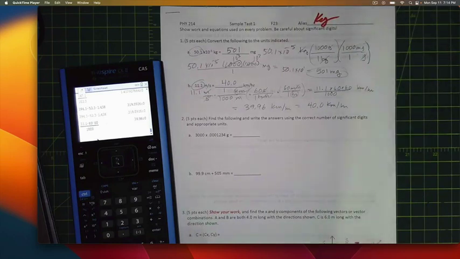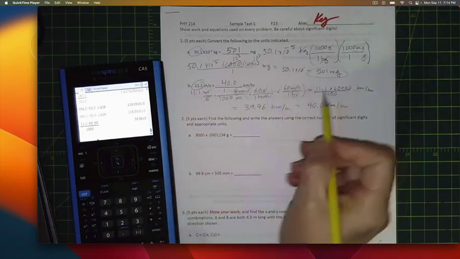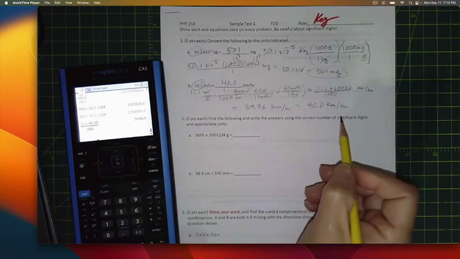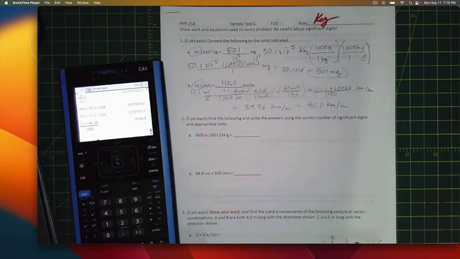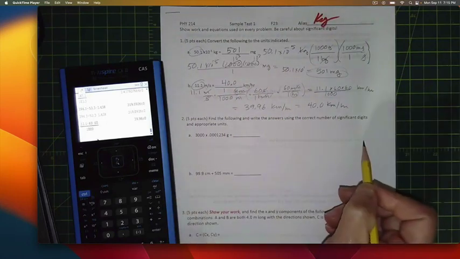So when we're multiplying things out, look at the significant digits of the least number in the multipliers, and since all these are exact conversions, they have full significant digits, they won't cut down the number for that.